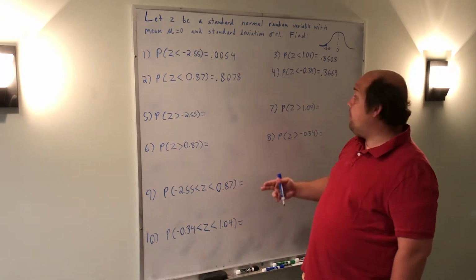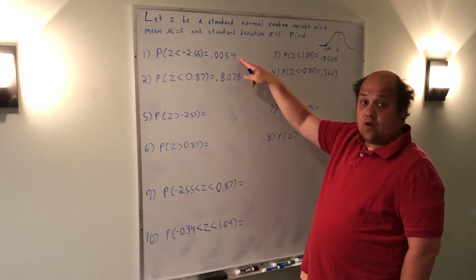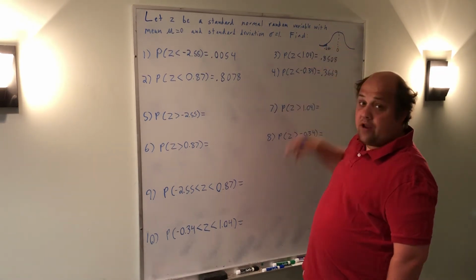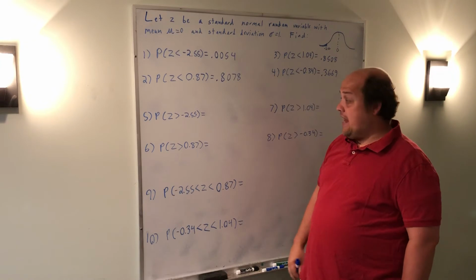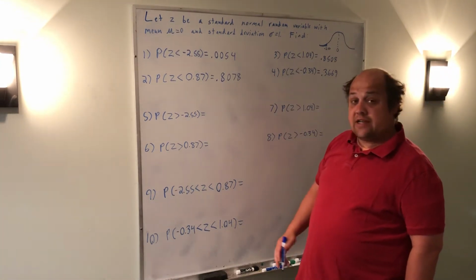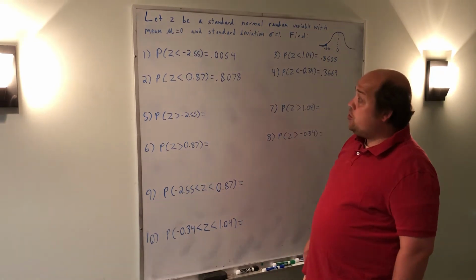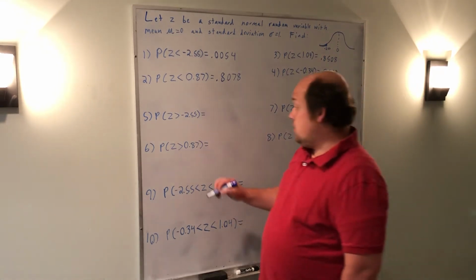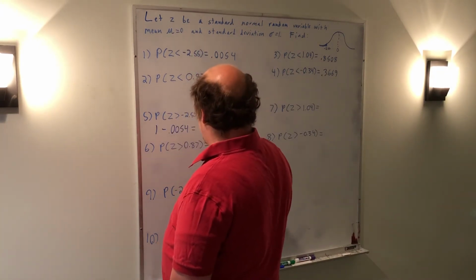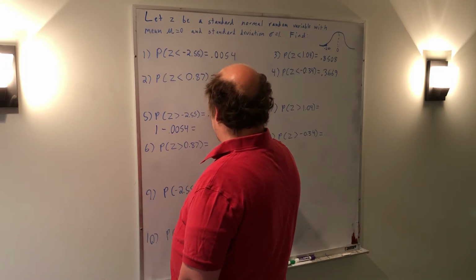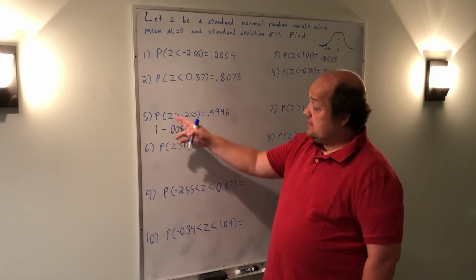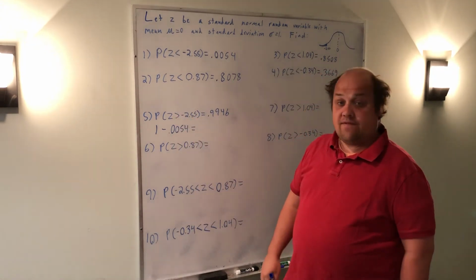It's also the complement of 0.0054, meaning if we took 0.0054 and add it to this unshaded area, we should get 1 or everything that can happen. So the way that we're going to solve for greater than questions is we're just going to take the table probability and do 1 minus that probability. So if I do 1 minus 0.0054, that's going to give me 0.9946, which is the correct answer to z is greater than negative 2.55.